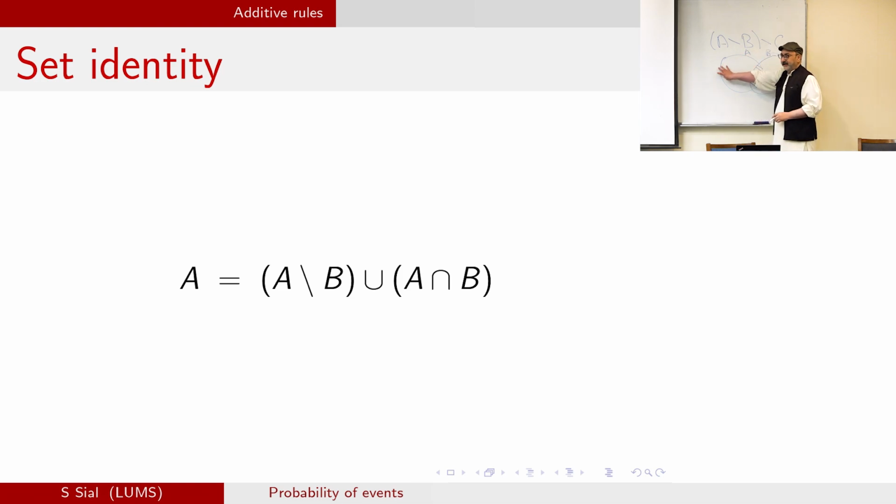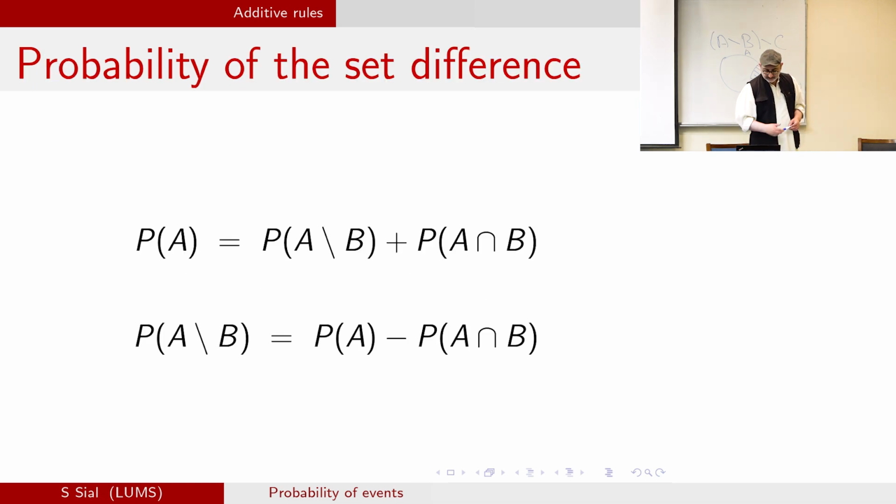The probability of A is the probability of A minus the intersection with B plus the probability of the intersection. That gives you all of the probability of A. Okay, so that's one way of writing it.